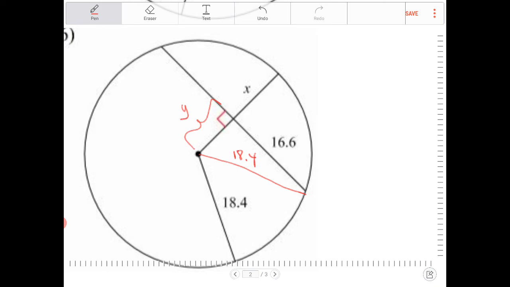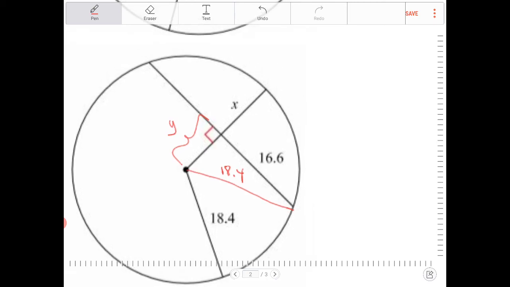If I can solve for y, I know then x plus y is equal to 18.4. So I'm going to solve for y first. So y squared plus 16.6 squared is equal to 18.4 squared. Y is equal to the square root of 18.4 squared minus 16.6 squared.